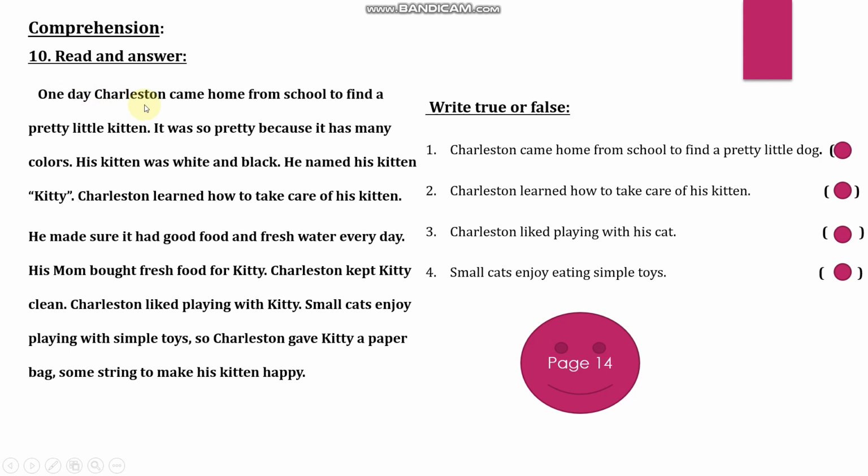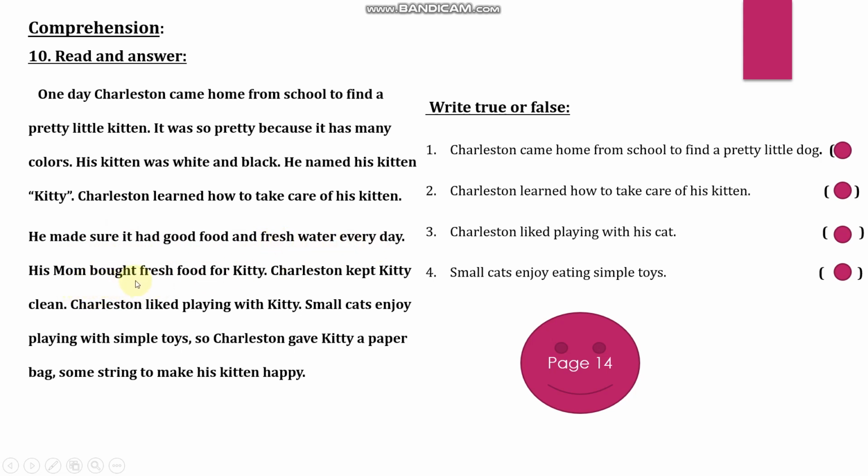One day, Charleston came home from school to find a pretty little kitten. It was so pretty because it had many colors. His kitten was white and black. He named his kitten Kitty. Charleston learned how to take care of his kitten. He made sure it had good food and fresh water every day.